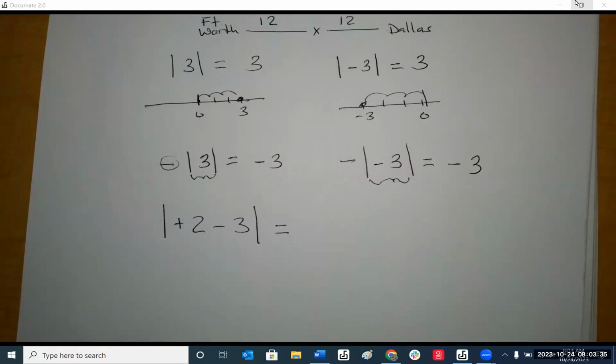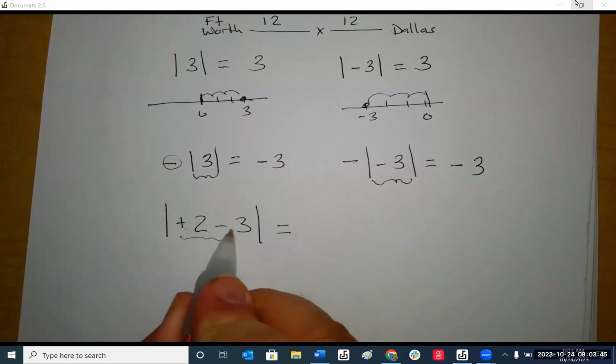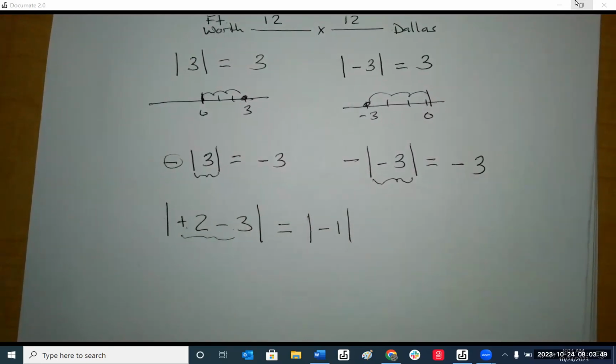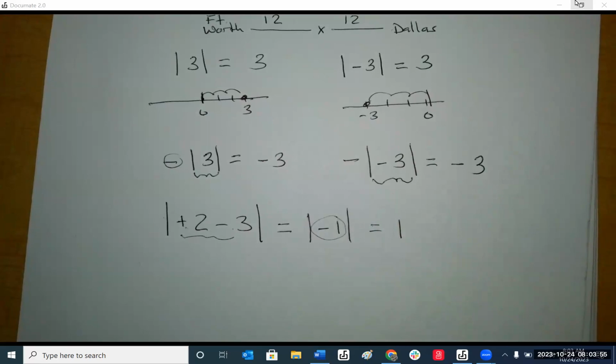Okay. Remember, it's called an absolute value. This is an equation, so we have to work out the equation first. Do inside the parentheses type thing. So positive 2 minus 3 is negative 1. Once we have a value, a single number, then we can take the absolute value of it. It is 1.